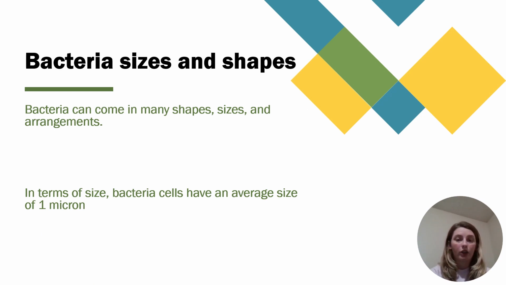Bacteria sizes and shapes. Bacteria can come in many shapes, sizes, and arrangements. In terms of size, bacteria cells have an average size of 1 micron.